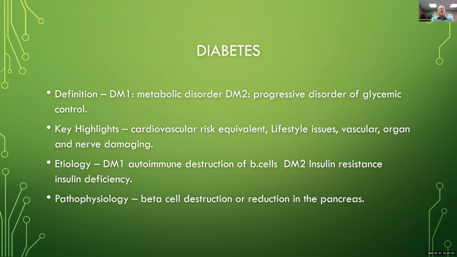So our etiology is going to be the cause, right? So DM1 is always going to be autoimmune destruction of beta cells in the pancreas. They just never have been able to be created. Diabetes 2 is just going to be insulin resistance and insulin deficiency, like I explained prior. Our pathophysiology is beta cell destruction or reduction in the pancreas.